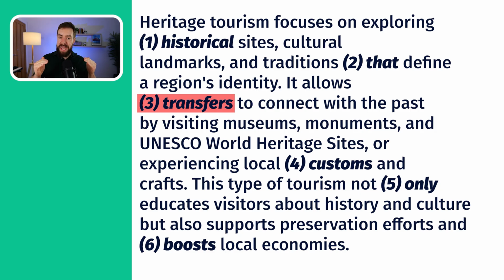But by checking and reading through the answer again, we can realize that it doesn't make sense. So it allows transfers to connect. Transfer is not like a real thing or a real person. Instead, we're going to say travelers. So the correct answer was travelers for this one. So let's quickly read through the rest of the answers then.